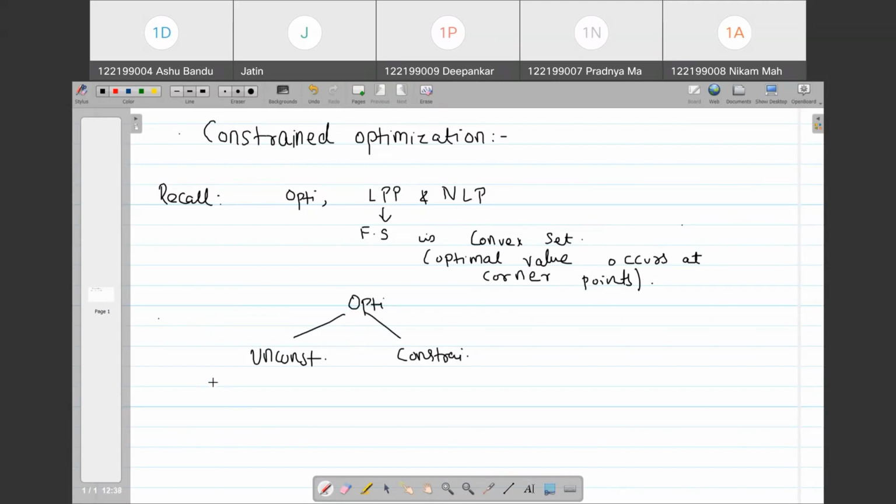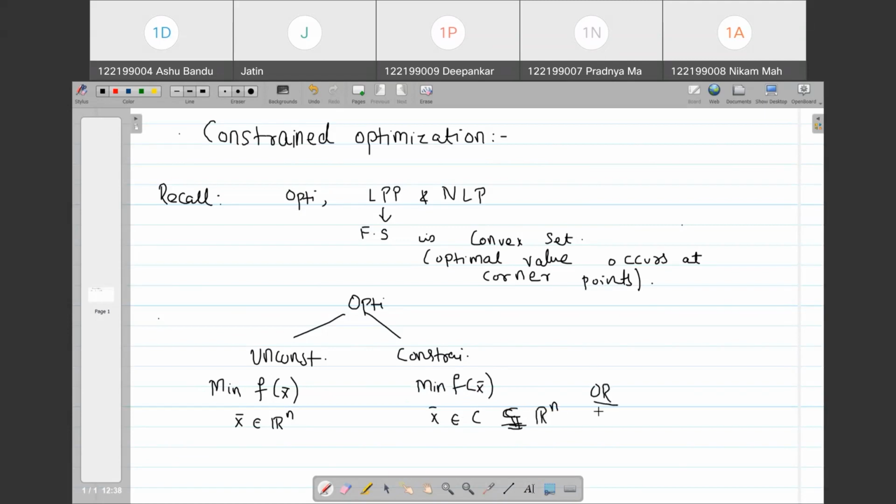Now how does the unconstrained one look like? Suppose you want to minimize f of x bar, and your x bar belongs to Rn. And in the constrained case, minimum of f of x bar, where x bar belongs to C, which is a constraint set, and your C is a proper subset of Rn.